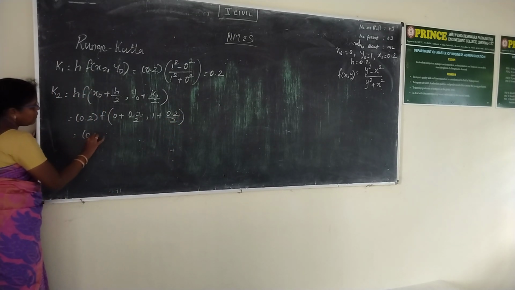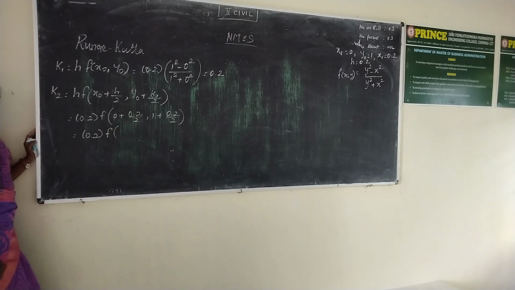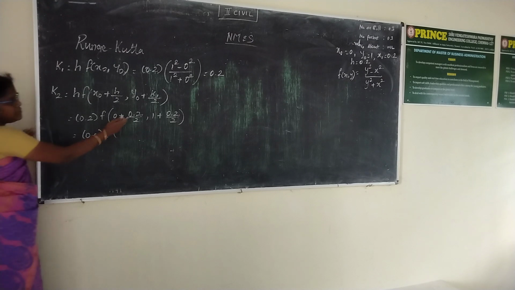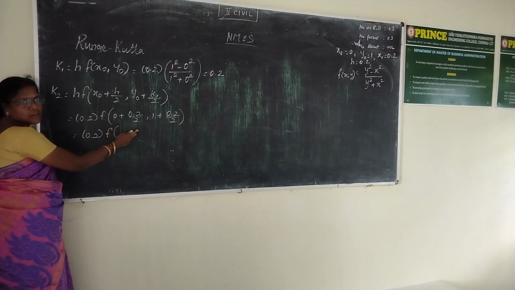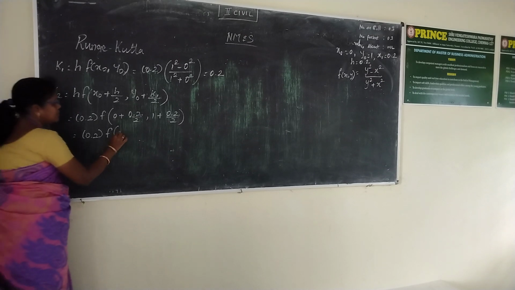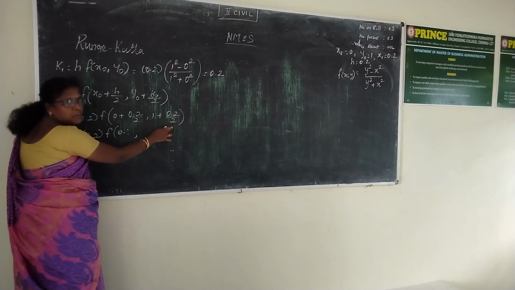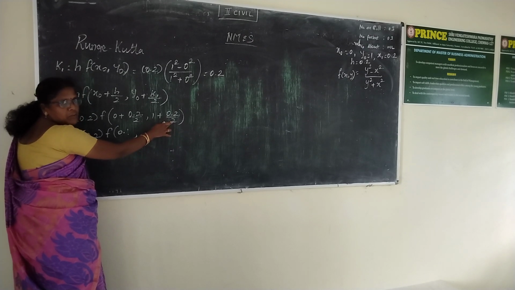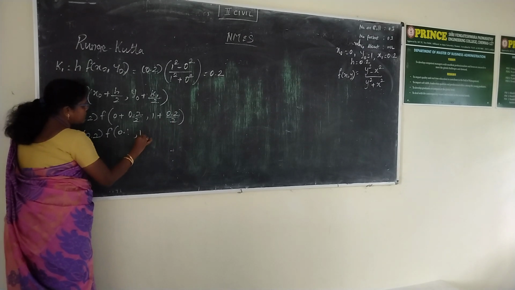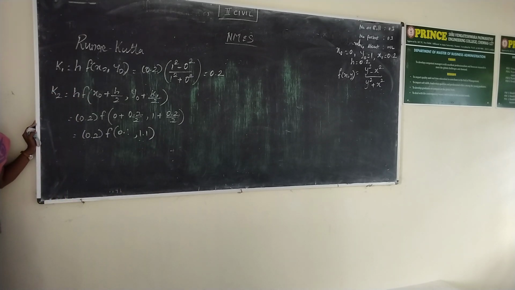Simplify. You should not depend always on a calculator. Now 0.2 by 2 is 0.1. So again next one, 0.2 by 2 will give you 0.1. 1 plus 0.1 will give you 1.1.